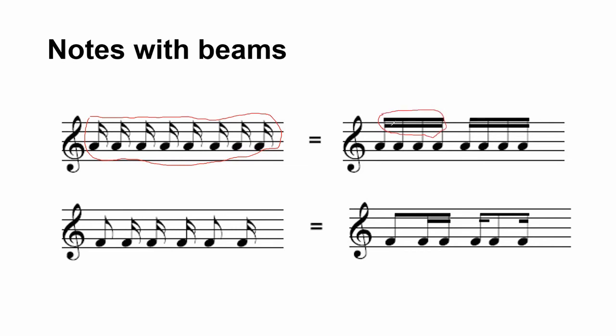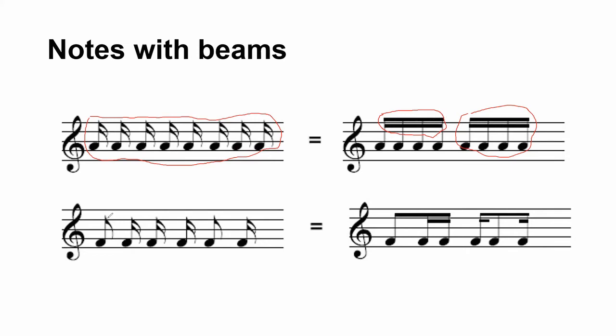So these are a group of 4 16th notes joined together by beams, and then a second group of 16th notes also joined together by beams. The number of beams will be the same as the number of flags, so that you can know whether this is a 16th note or a quarter note. So this is what they just did here. They just joined the 16th notes by beams.